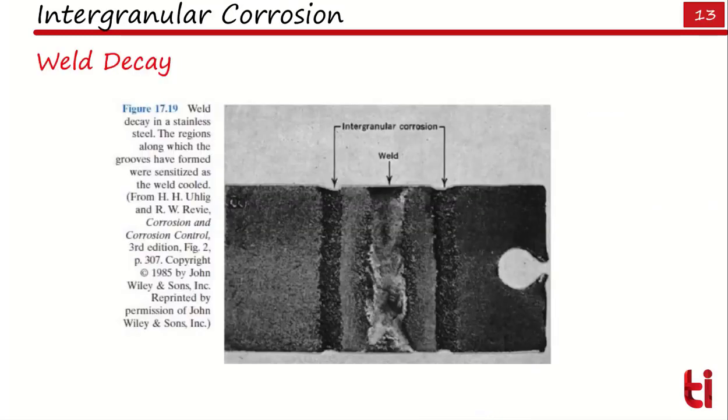The classic example of intragranular corrosion is weld decay.